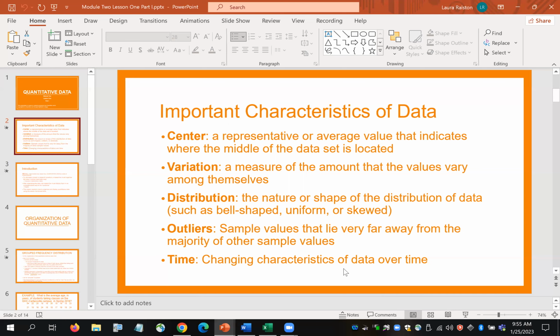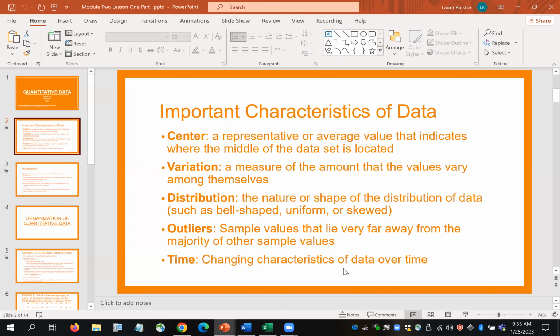But when you begin to analyze data, which is the next step, we've posed our question, we've identified the variable, the population, parameter, sample, and statistic. We've collected the data, we've organized the data. Once you get it organized, the next step, the fifth step in the process, is to analyze it.